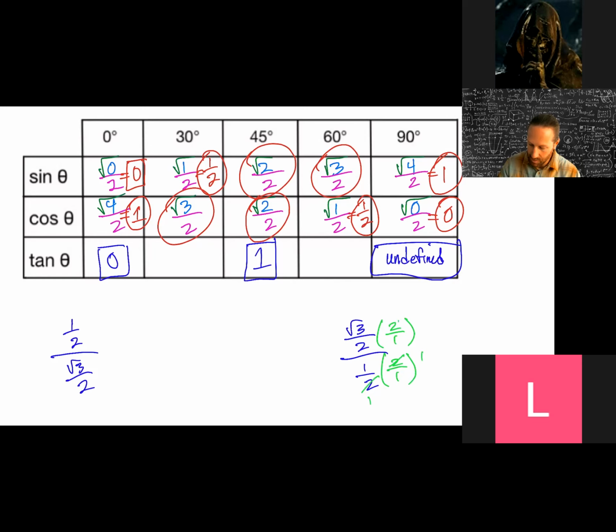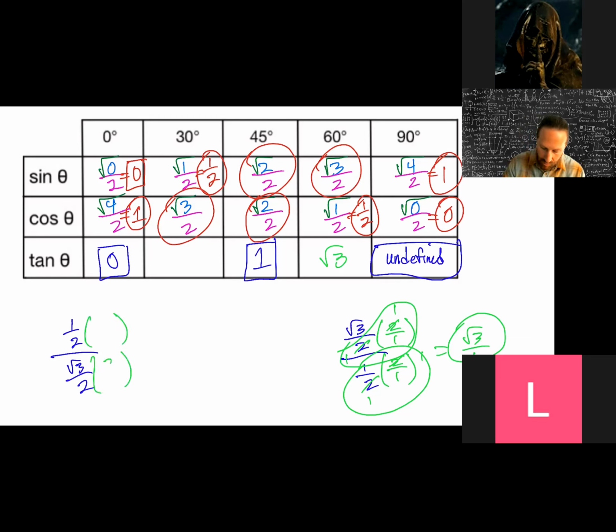2's cancel, and so do these. So all of these became 1s other than what? The √3. So in this one, I'll have to do something similar, and I'll have to multiply by the reciprocal to get this all to cancel to be a big nasty 1. The 2's here also cancel again, but I'm left with this.